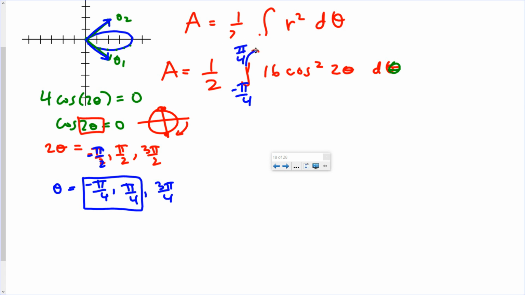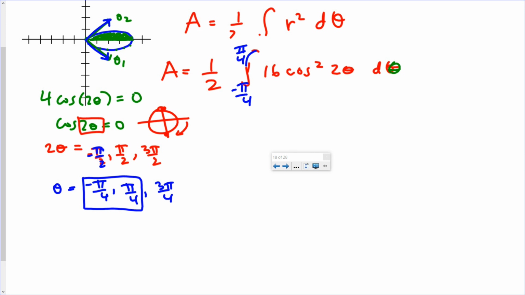Okay, I'm going to show you something kind of cool. Do you see that if you had to plug in these limits, plugging in the pi over 4, I could probably do it. I don't like it, but I could do it. But plugging in the negative pi over 4, not as easy, but you could do it, okay? What could I do with symmetry that would make this kind of nice? Yeah, split it up. Watch this, guys. See this right here?